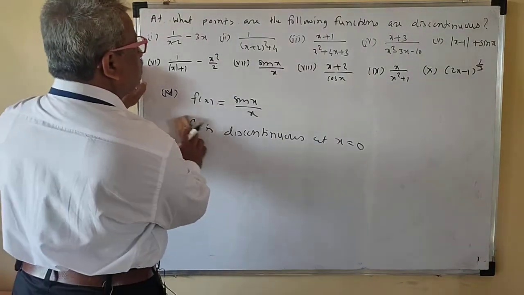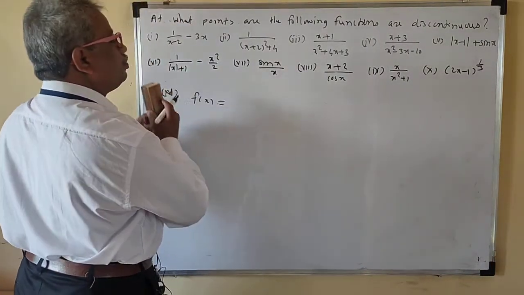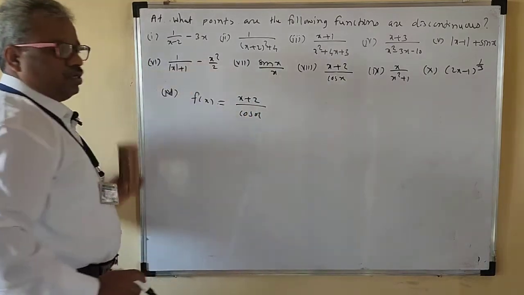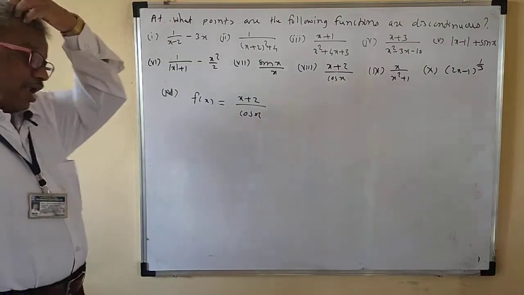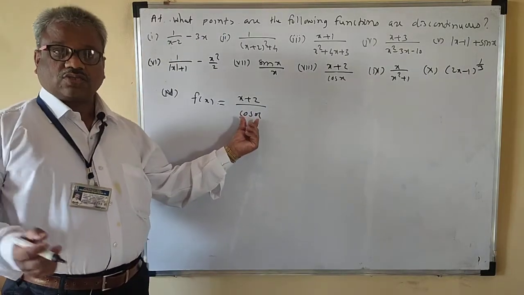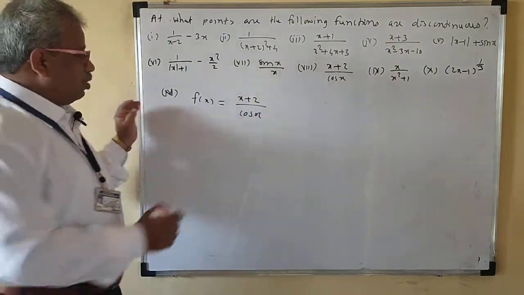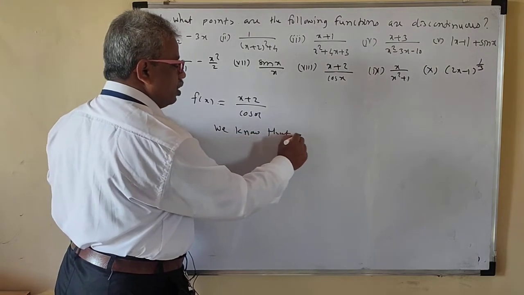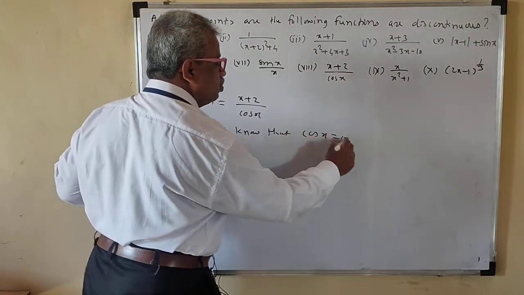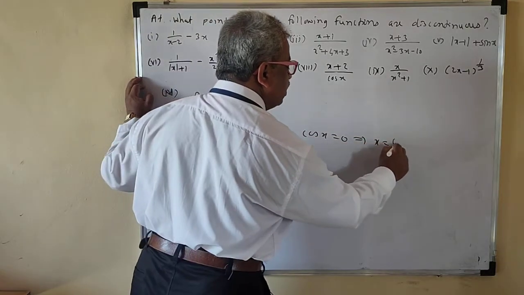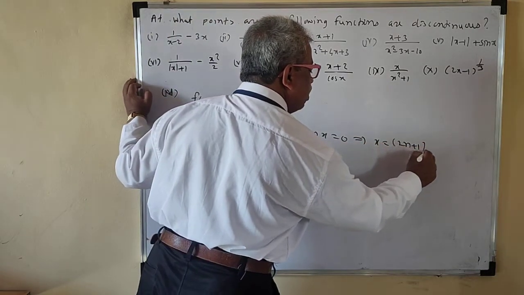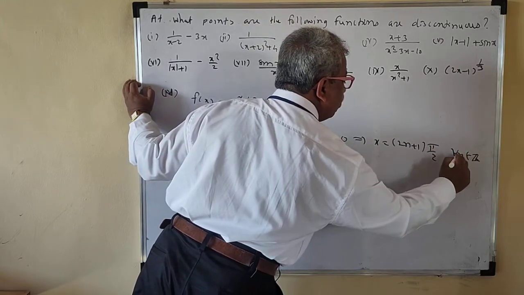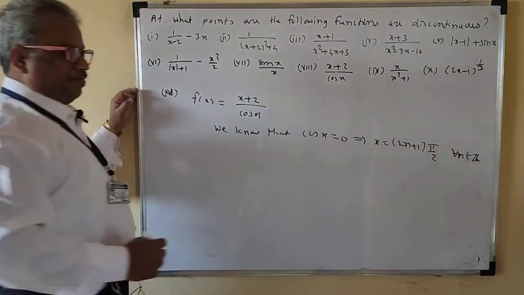Now next function is what? X plus 2 upon cos x. Now you have to find the x where cos x is 0, right? So we know that cos x is equal to 0 implies that x is equal to twice n plus 1 pi by 2 for all n belongs to z, right?